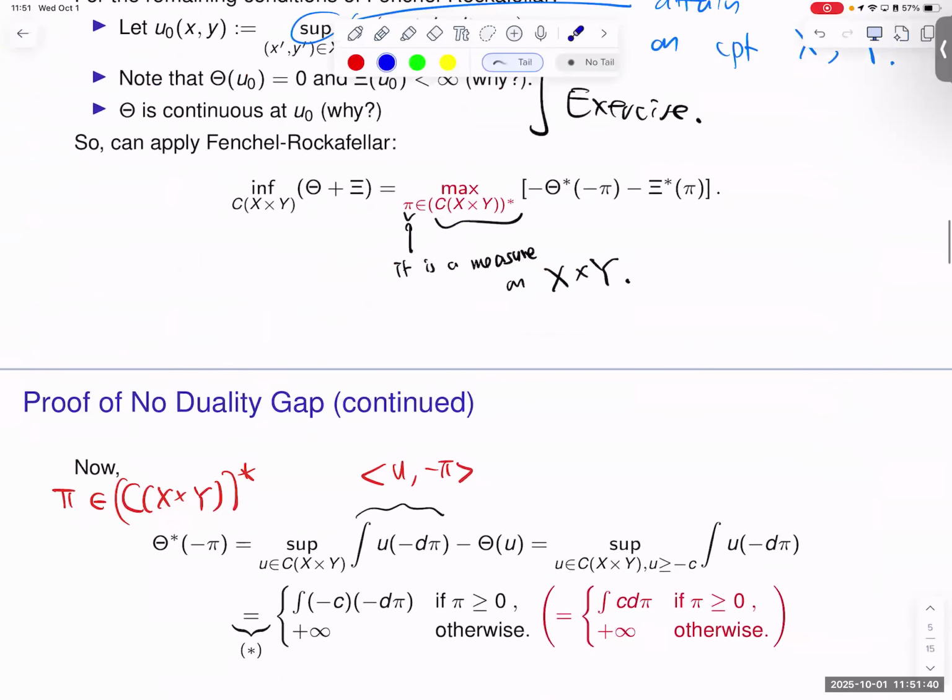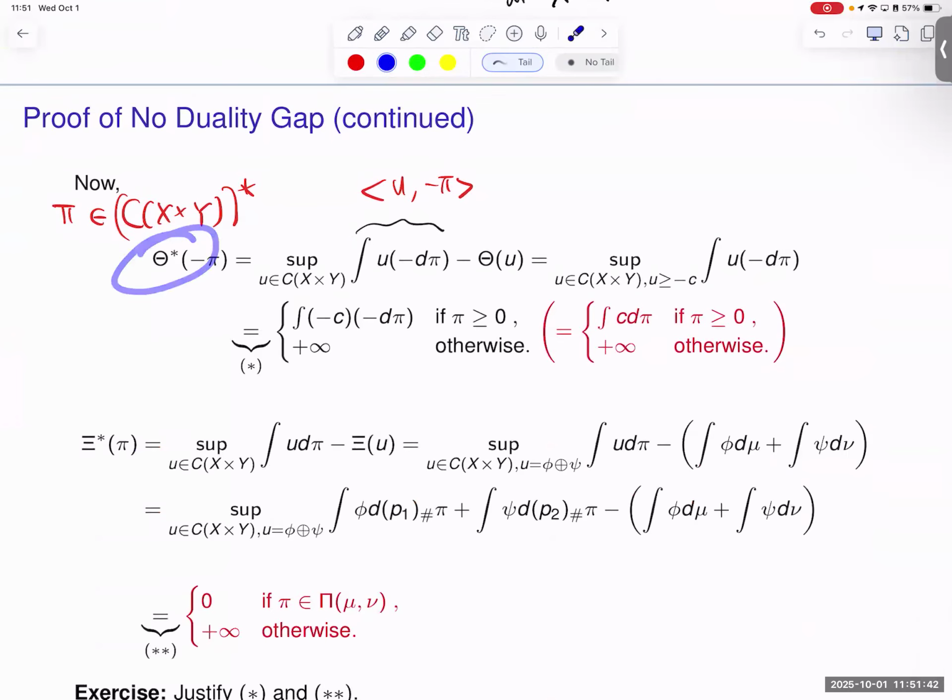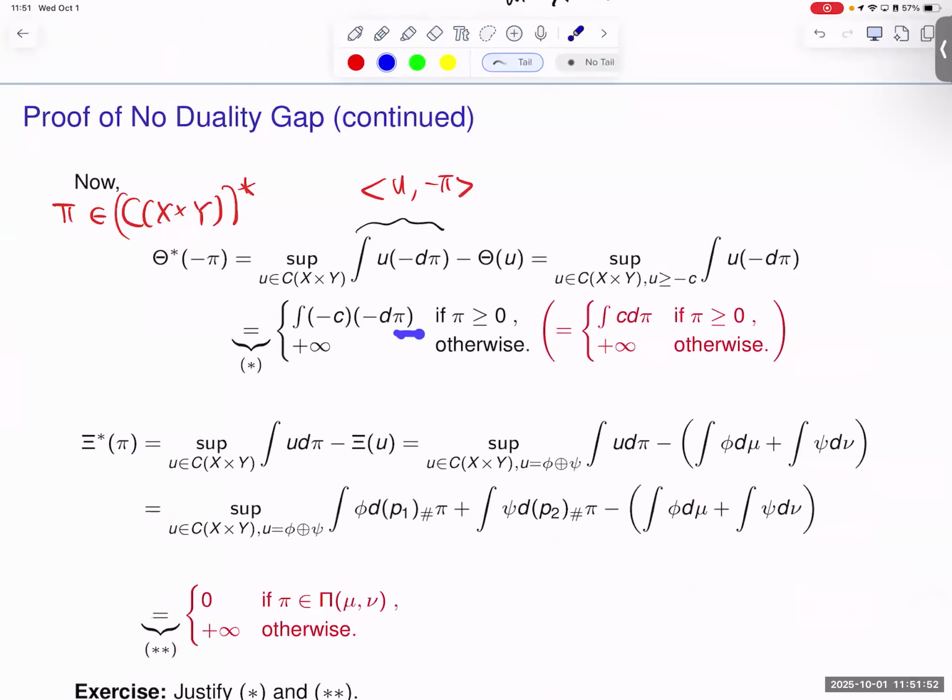The claim is that this theta star is exactly the same as the transport cost for whatever measure pi, given the condition that the signed measure is actually a measure, a non-negative measure, and the eventual Legendre transform of the other function psi, and after a similar argument, which will be just the same as the hard penalty for this marginal condition.